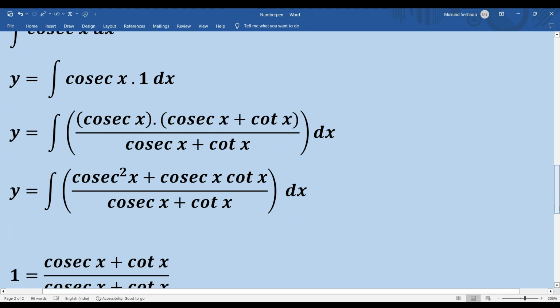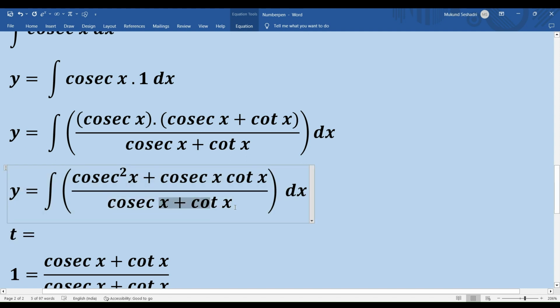Now, am I in a position to simplify my y? See, I have a cosecant x plus cot x in the denominator. I have a cosecant square x plus cosecant x cot x in the numerator. And I want you to recollect some of the formulas we have done earlier in differential calculus. I know that d by dx of cot x is minus cosecant square x, and d by dx of cosecant x is minus cosecant x cot x, right? So what's that substitution that's going to simplify y for us?